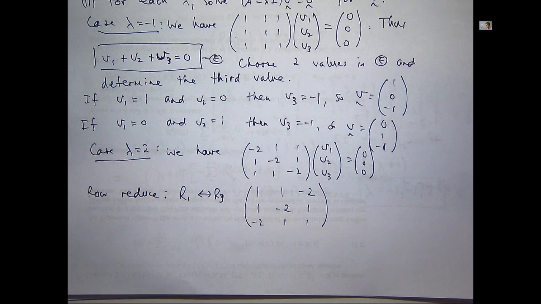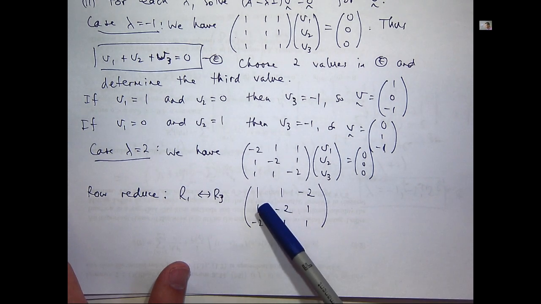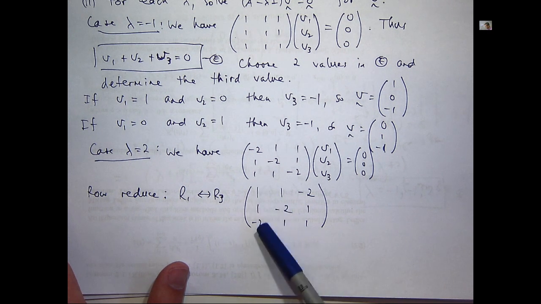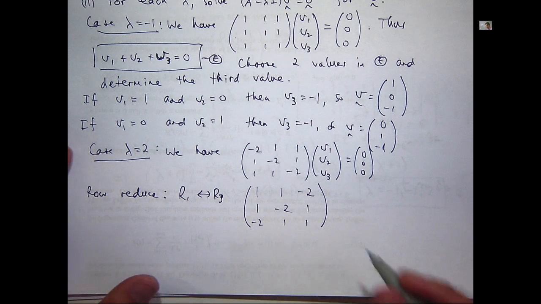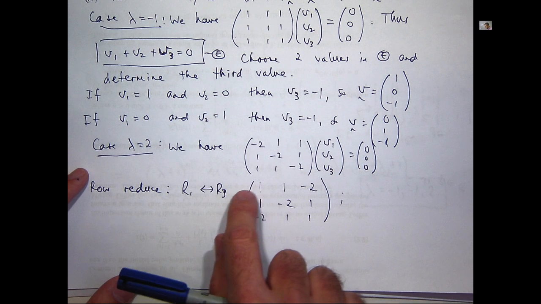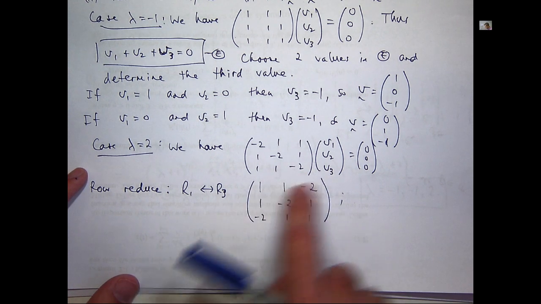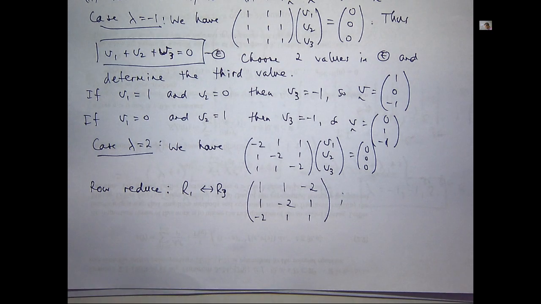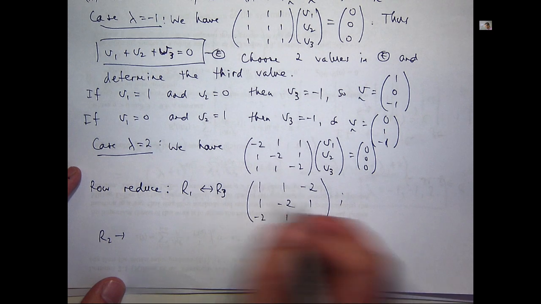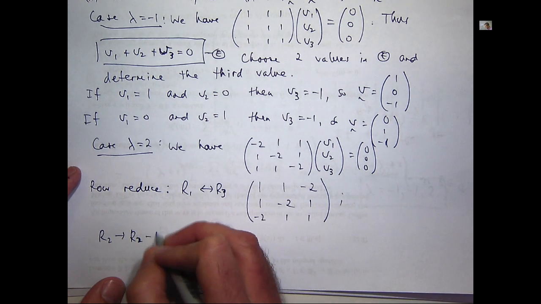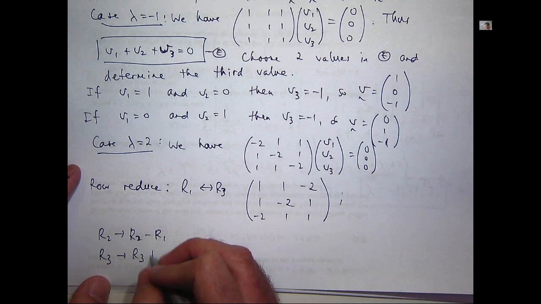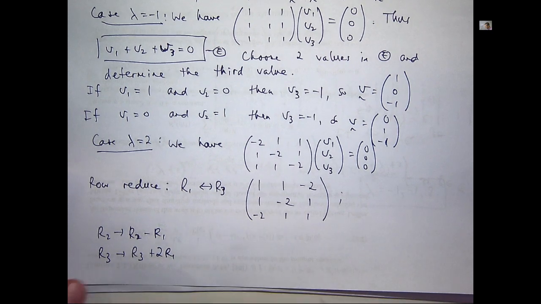Okay, so what I would like to do now is get all the numbers under this 1 in the top left-hand corner to be 0. So I can do that just by taking, say, multiples of the first row away from the second row and the third row, or just adding, if you like. So I'm going to do that. Row 2 is just going to go to row 2 minus row 1, and row 3 is going to go to row 3 plus row 1.